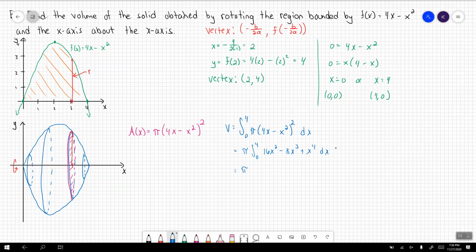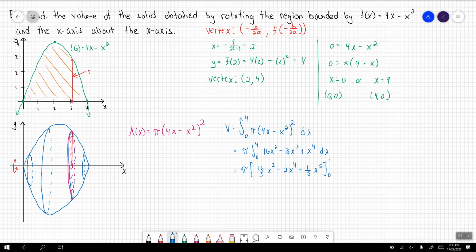Now we can take term by term and we can integrate. So taking this term by term and integrating, we're going to get 16 divided by 3 times x to the power of 3 minus 2 times x to the 4th plus 1/5 times x to the power of 5.